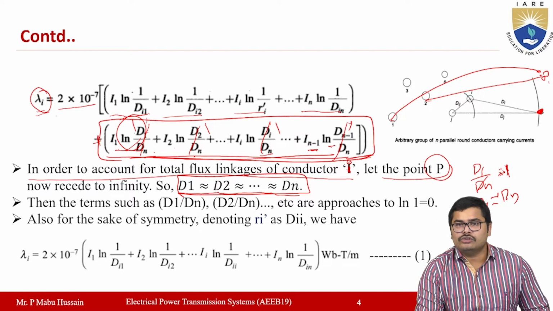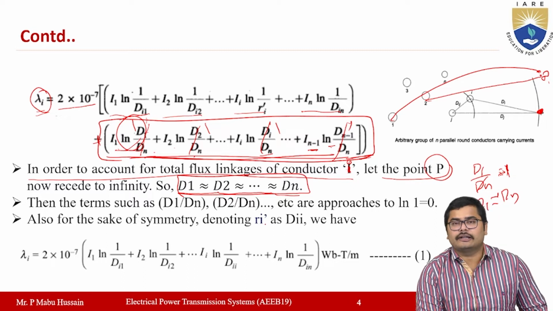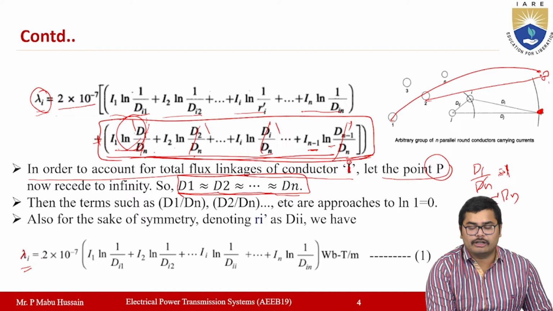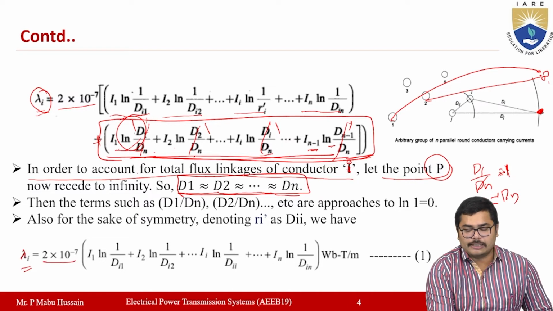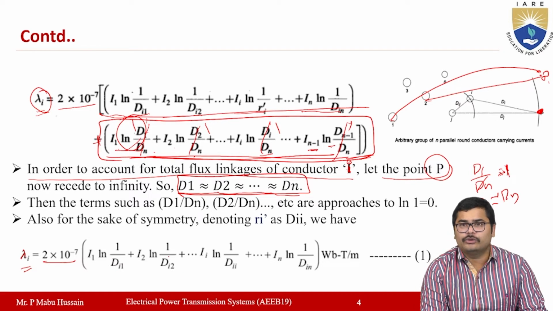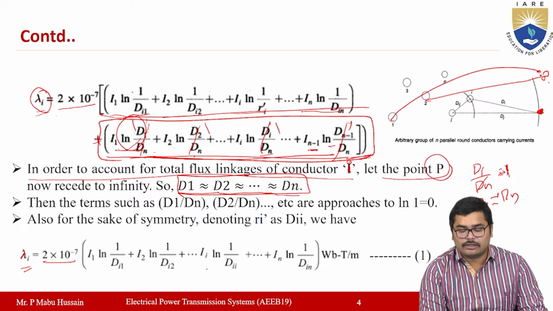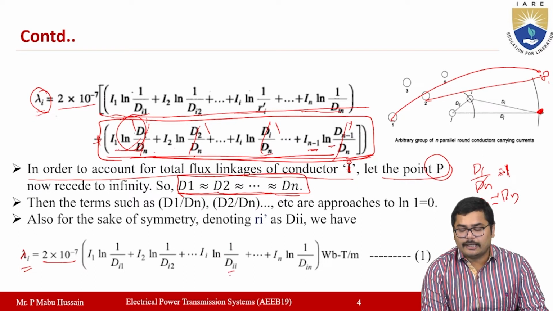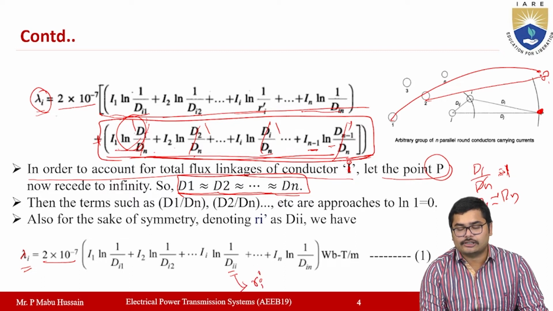So the flux linkages of conductor i due to current flowing in all other conductors, lambda I, will be equal to 2 into 10 power minus 7 on the first term only, which is I1 into ln 1 by di1 plus I2 into ln 1 by di2 plus and so on, plus Ii into ln 1 by dii. In place of dii you can even write di dash.